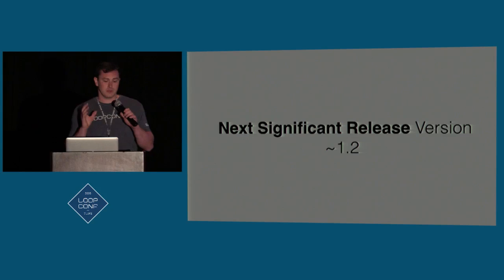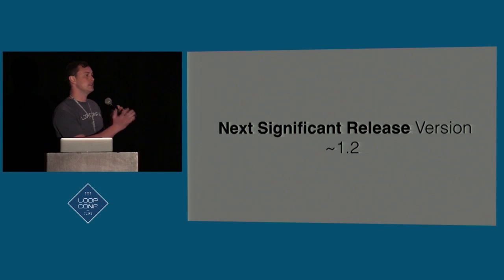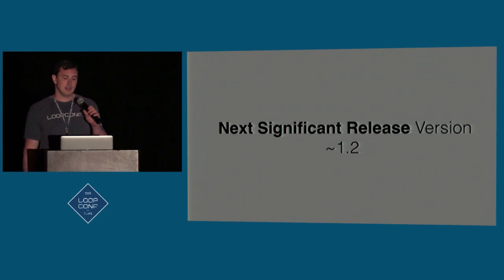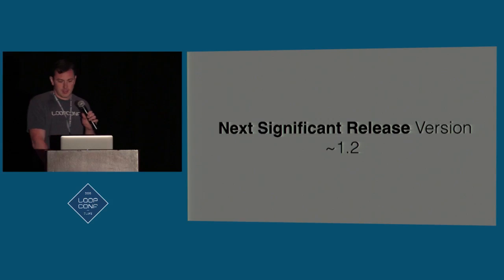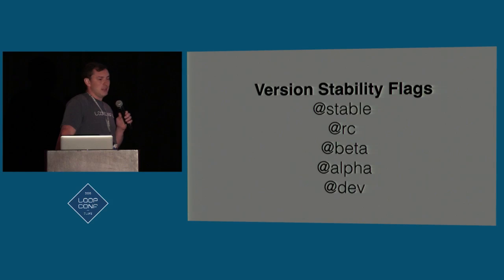And finally, there's also this tilde 1.2 type syntax, which basically says update all the way up until the next significant release. I'll talk a little bit more about that, but this is assuming that the project that you're using as a dependency is using semantic versioning. You can also use version stability flags.